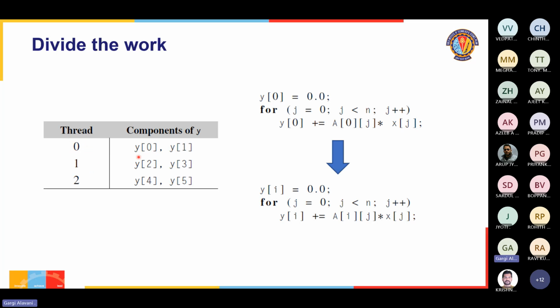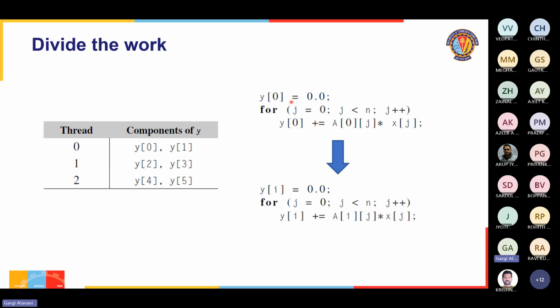So each thread is expected to do the computation for two y values in this case, because there are six elements in the vector, and we have three threads.